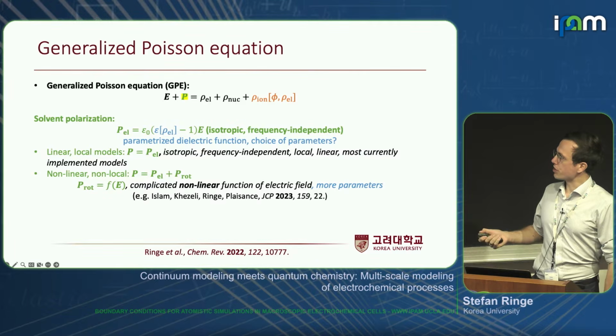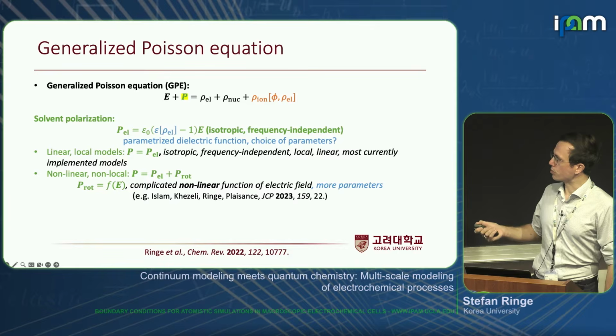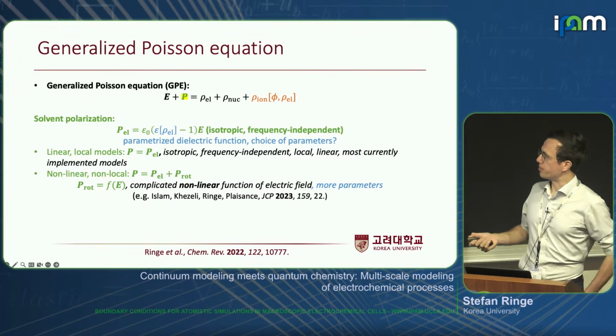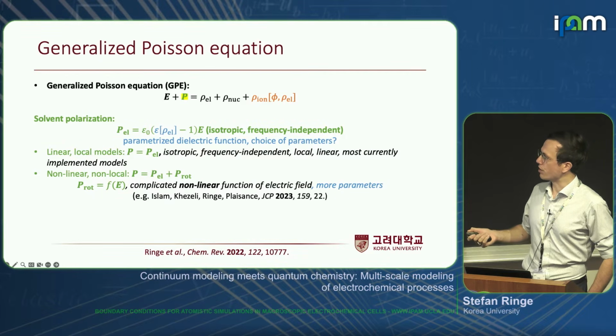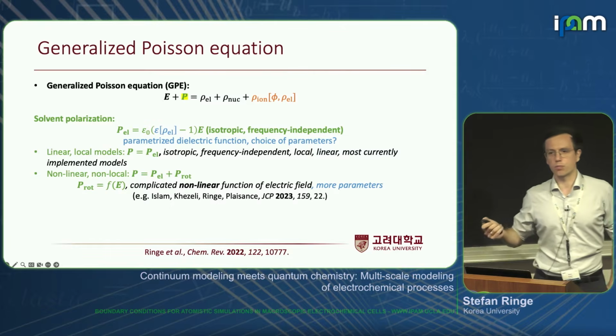So for the polarization, we have this generalized Poisson equation, which comes from the minimization. And we have E plus P equals the total charge density. For P, we can use an electronic polarization. In most models, we usually use a linear response ansatz for that, so this depends linearly on the electric field. Then we have a dielectric function here, which we parameterize in a very simplified form.